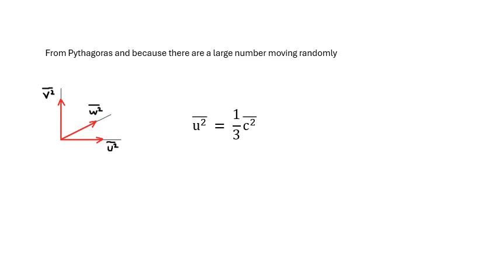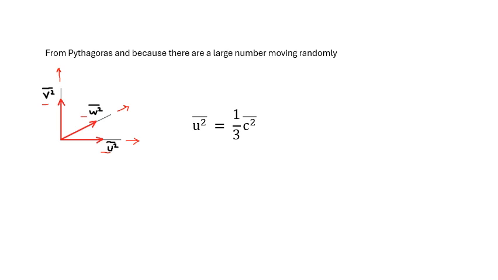Now, where does the third come from? Well, because there's a very, very large number moving randomly, in the x direction we've got u squared bar. In the y direction, you could call it v squared bar. In the z direction, you've got w squared bar, whatever. But the point is that they will all be equal to each other, because there's a very, very large number moving randomly. And then from Pythagoras, that plus that plus that equals c squared bar.